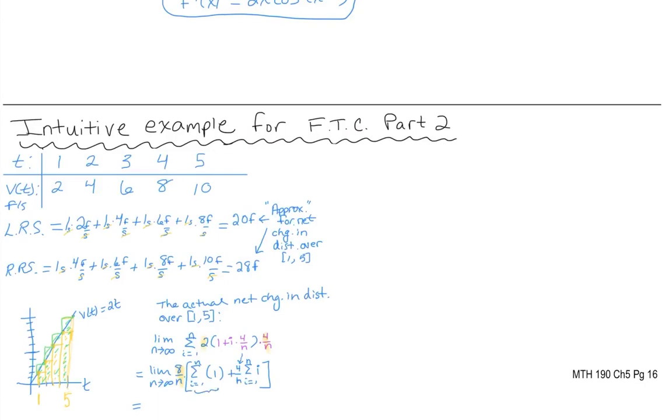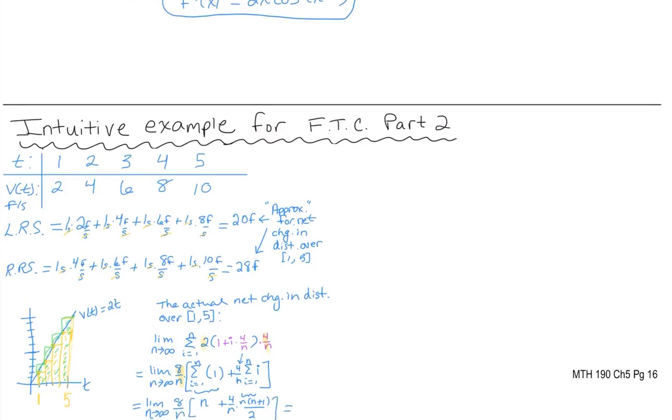So the sum as i goes from 1 to n of 1 is just going to be 1 times n, which is n. And then the sum as i goes from 1 to n of i, that was n times n plus 1 over 2. And we're looking at the limit as n goes to infinity of 8 over n times that quantity.